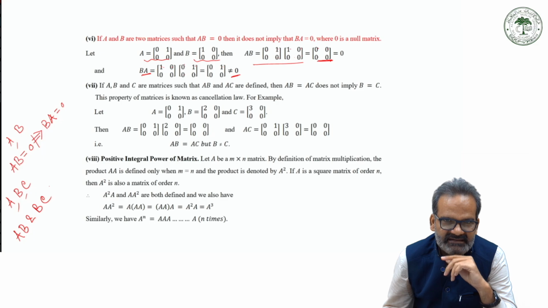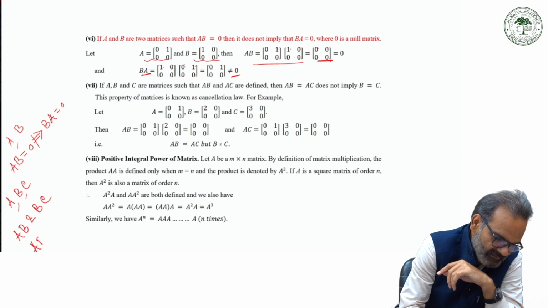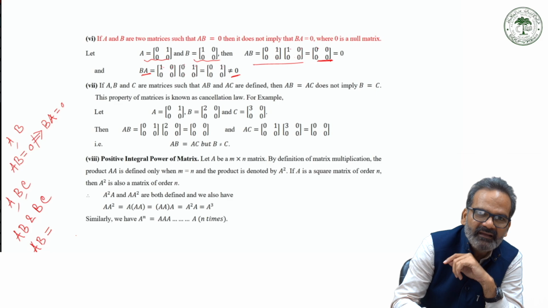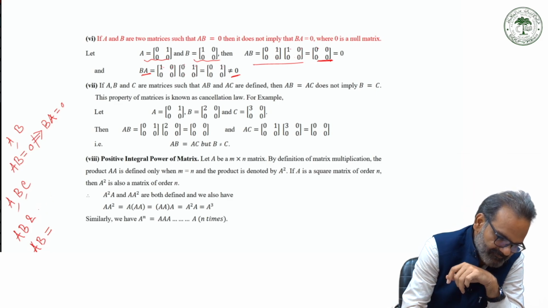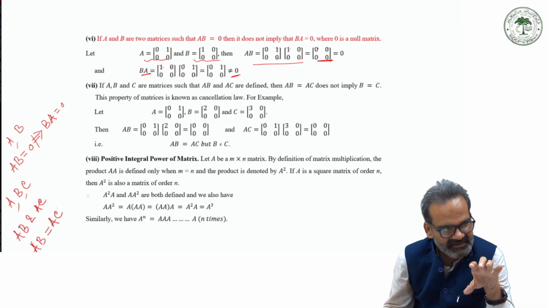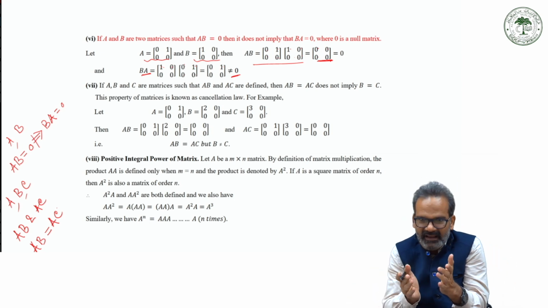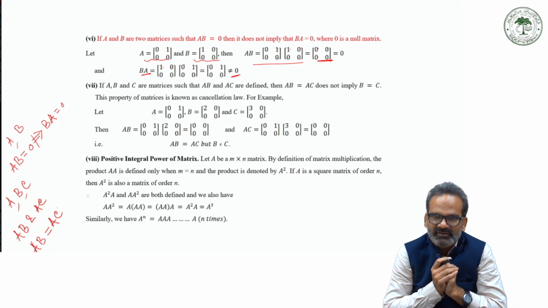ABC are matrices such that AB and AC are defined. Then if they both are equal, AB is equal to AC, AB and AC, not BC, AB and AC, and anyhow they are equal. AB and AC are defined, we multiply, we find out AB and we find out AC, and fortunately AB and AC are coming out to be equal.